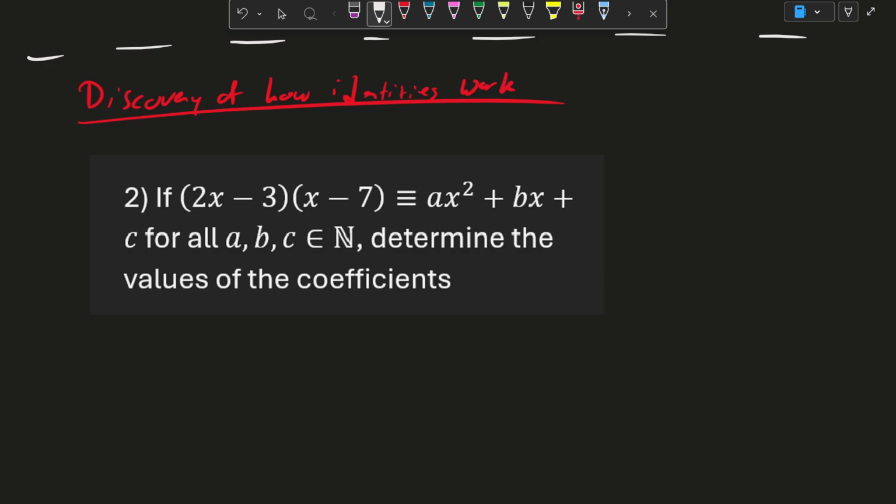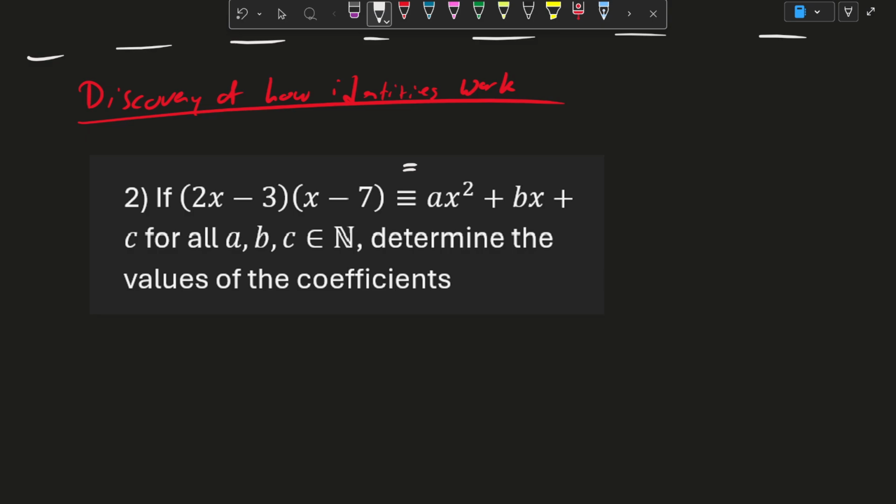But at a base level, you can almost think of the triple stack equals like an equal symbol for now, or a double stack equals, and then we'll see where that takes us. So if we have that these two brackets, 2x take away 3 times x take away 7, is identical to some generic quadratic for all a, b, and c. Well, let me rephrase that.